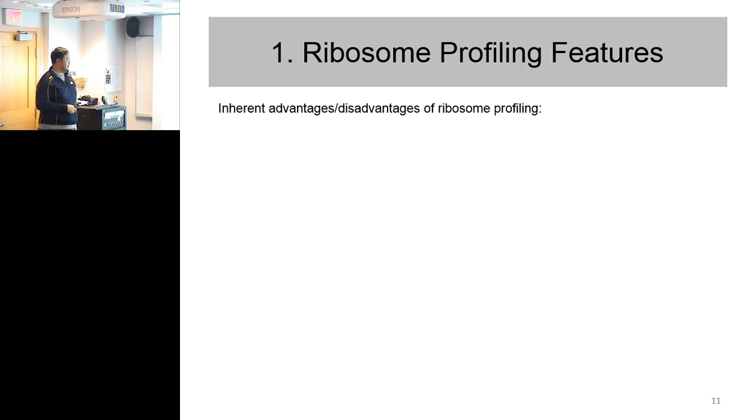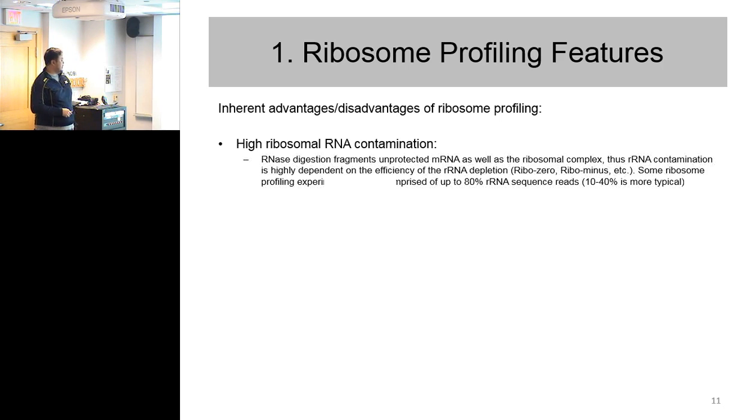So there are some inherent advantages and disadvantages, like I mentioned, with ribosome profiling. The first is that there's a high background of ribosomal RNA, and the reason for this is that the RNA digestion will target not just the unprotected mRNA, but also the unprotected ribosomal RNAs, and also what's found in the ribosomal complex itself.